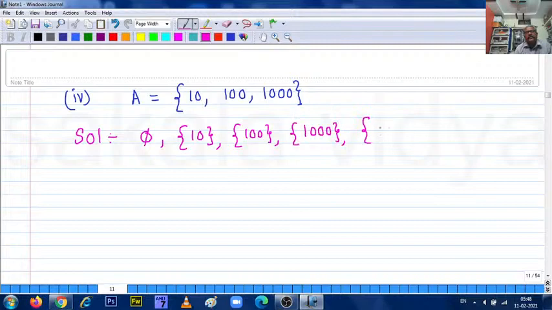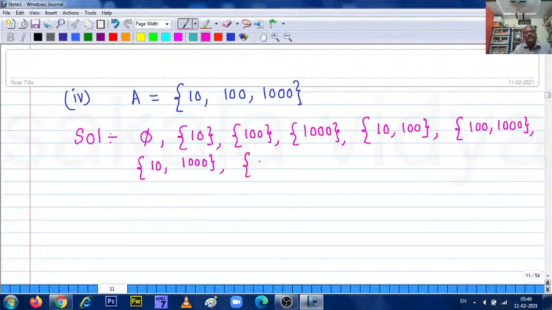Next we write two-element subsets: {10, 100}, {100, 1000}, {10, 1000}. Next 3 elements: {10, 100, 1000}. So these are the subsets. How many should we have? We should have 1, 2, 3, 4, 5, 6, 7, 8 subsets.